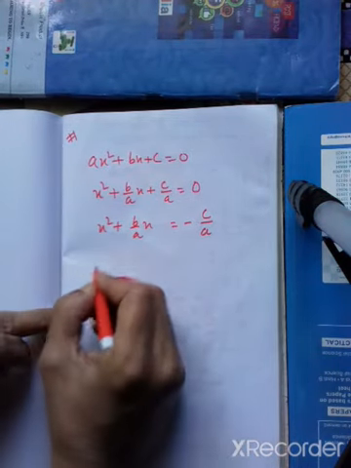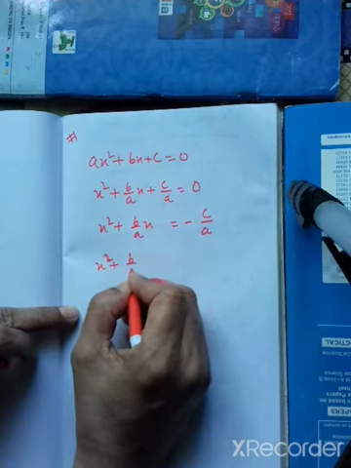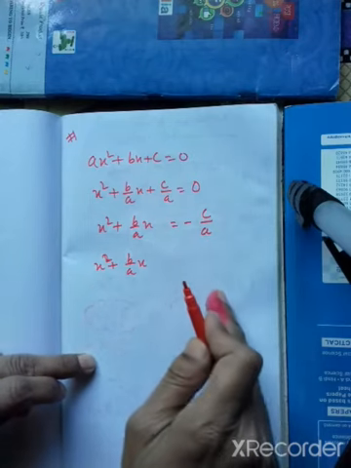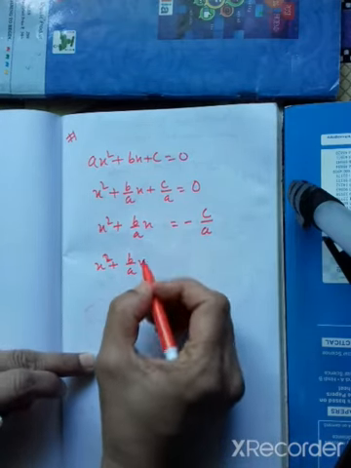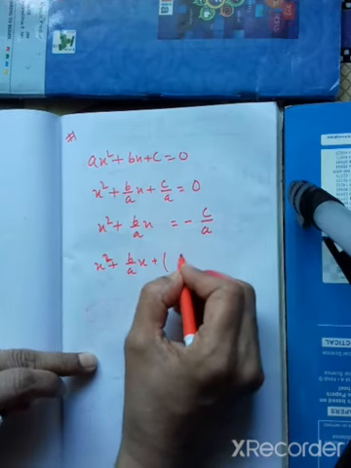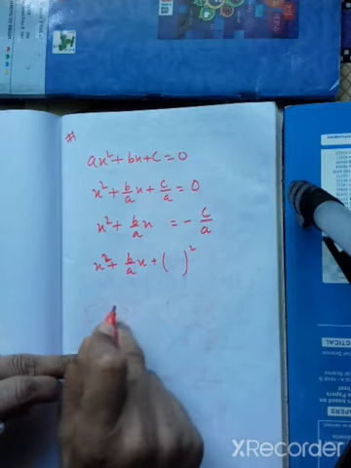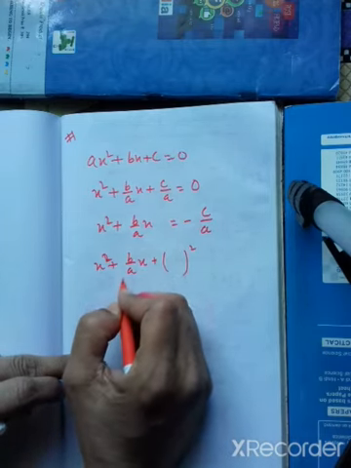Then what next? In the next step, we are going to add to both sides the square of half of the coefficient of x. What is the coefficient of x? It is b by a, and what is half of b by a?